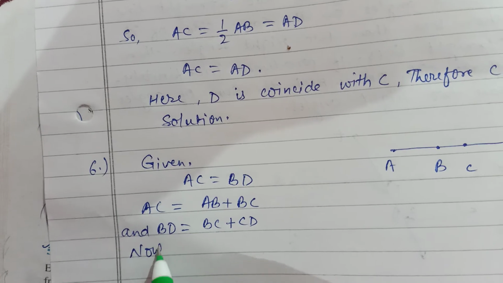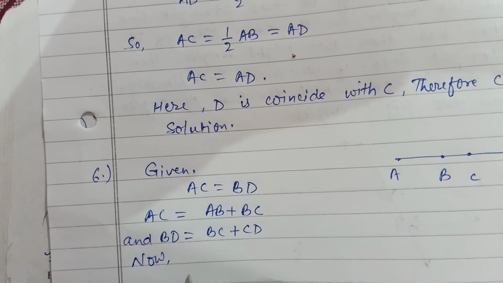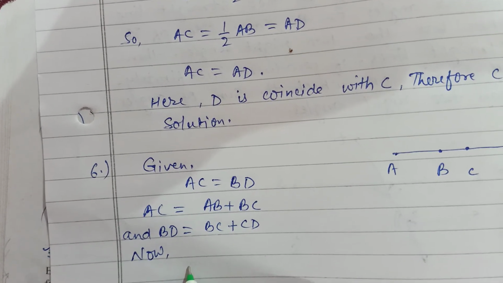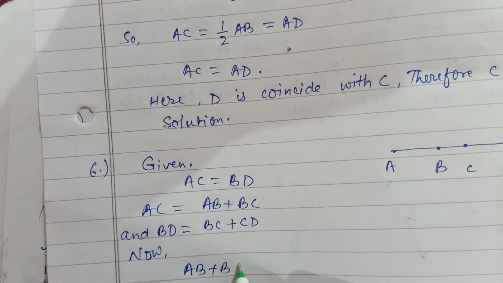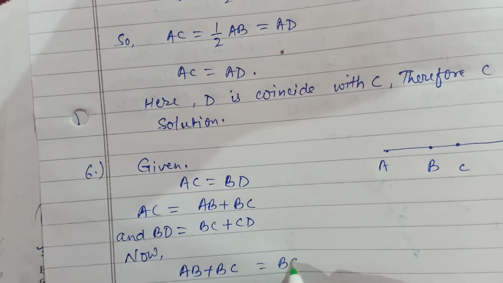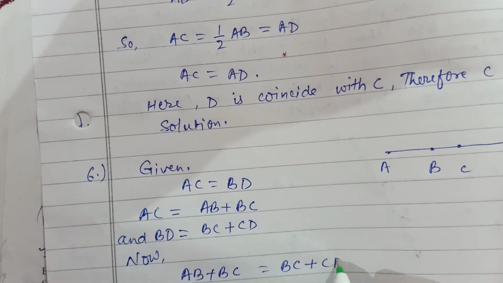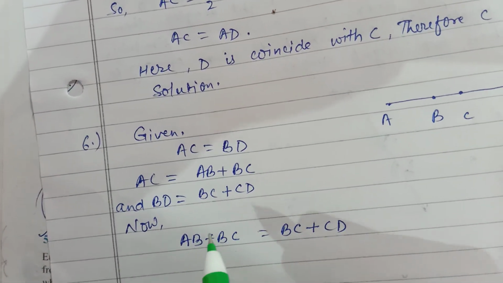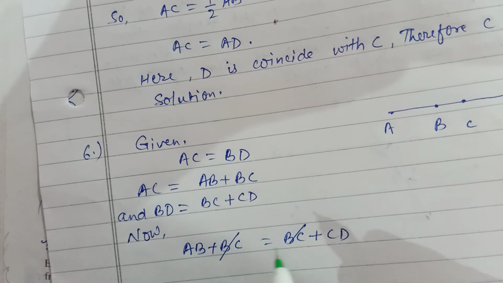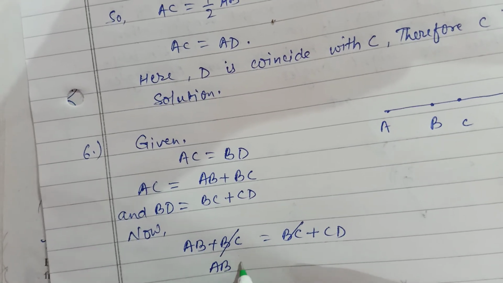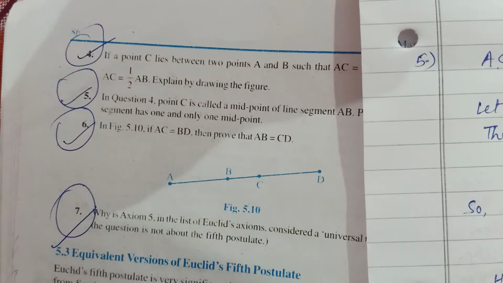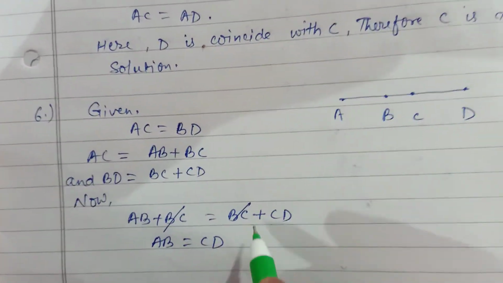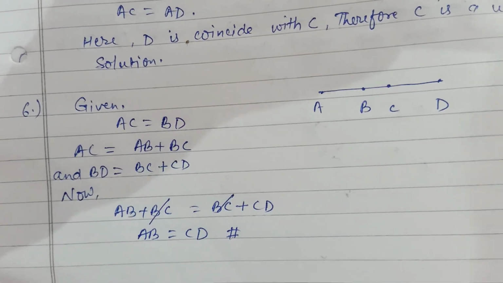Now, in place of AC and BD, we can write AB plus BC equals BC plus CD. So BC cancels. Now we have AB equals CD. So we proved AB equals CD.